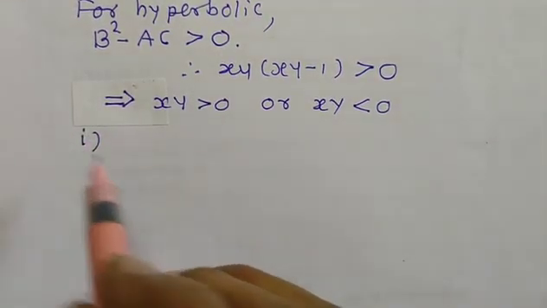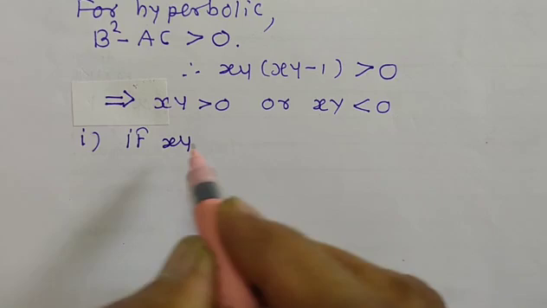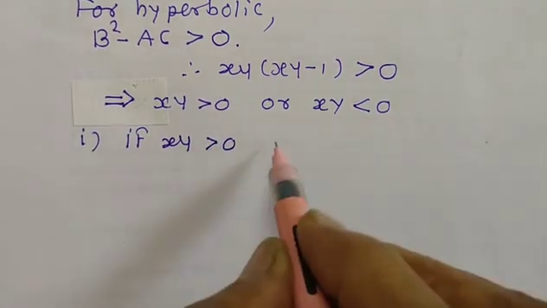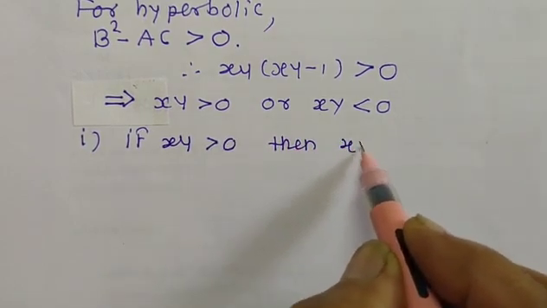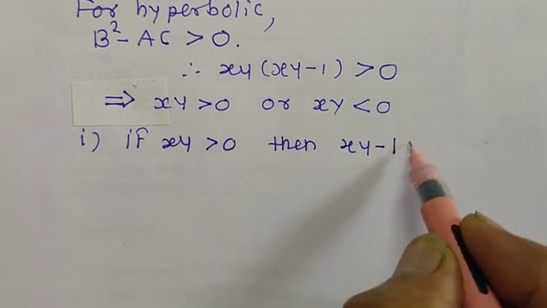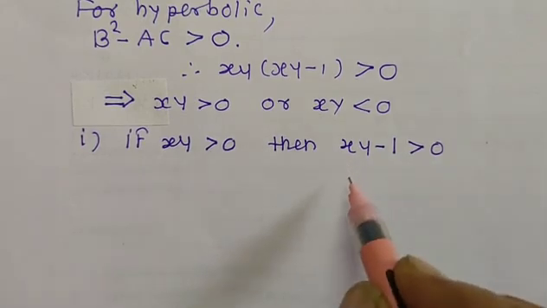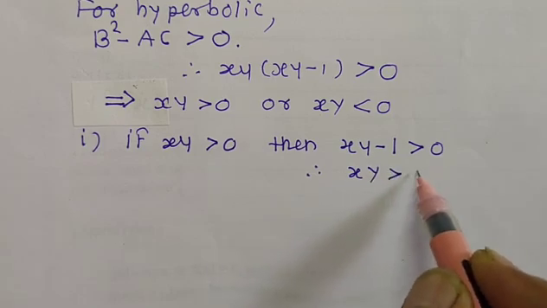Number 1, if XY is suppose positive, then XY minus 1 is also positive. Okay, therefore XY is greater than 1.